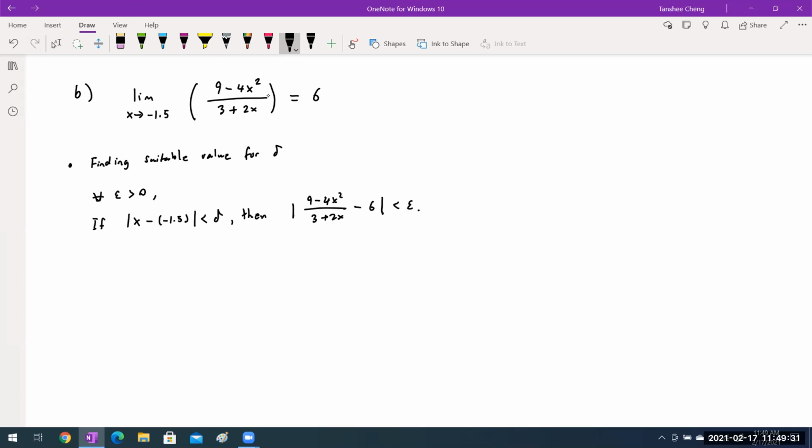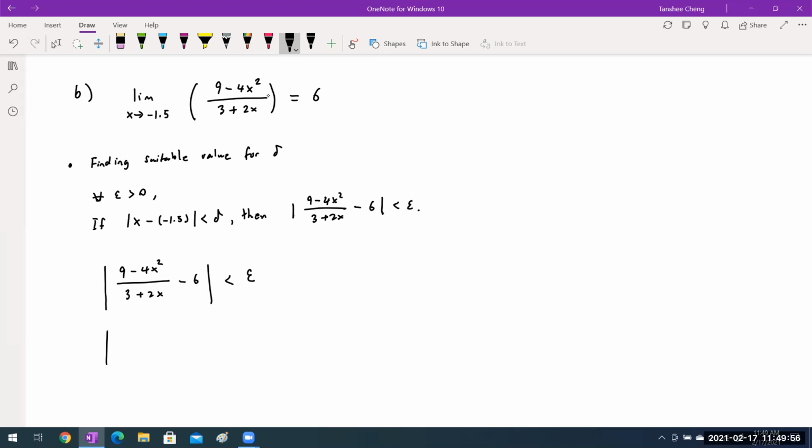Then what we're going to do, the tweaking part, is use the conclusion part to find out the suitable delta. So in this case, we're going to start with the absolute value of 9 minus 4x squared over 3 plus 2x, minus 6, less than epsilon.